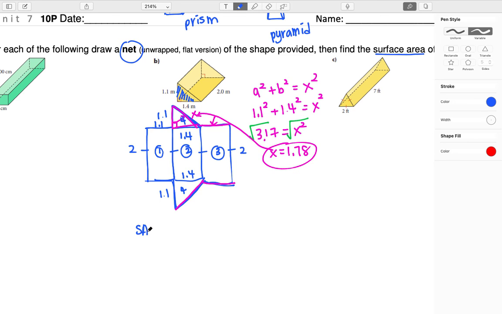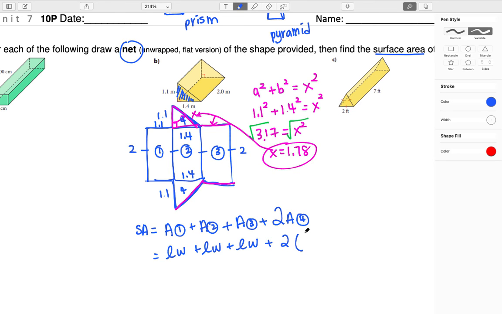So the surface area is the area of the rectangles, the 3 kinds, 1 of each, and then 2 times the area of a triangle. So it's length times width for all rectangles, plus 2 times the area of a triangle, base times height divided by 2.